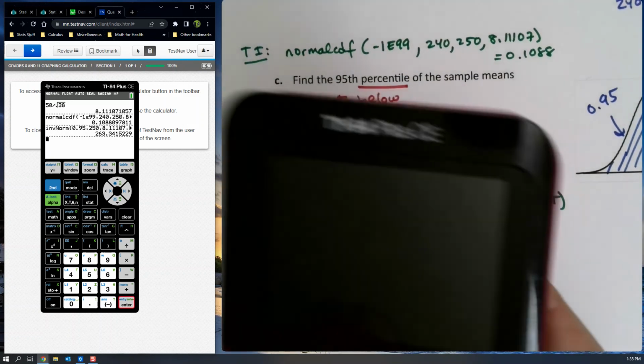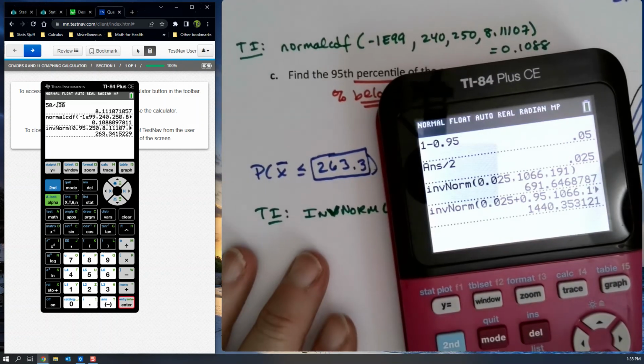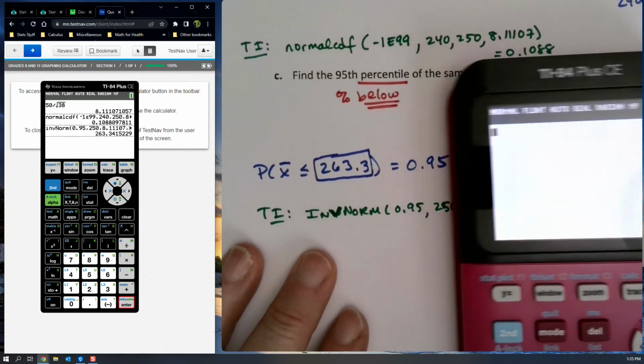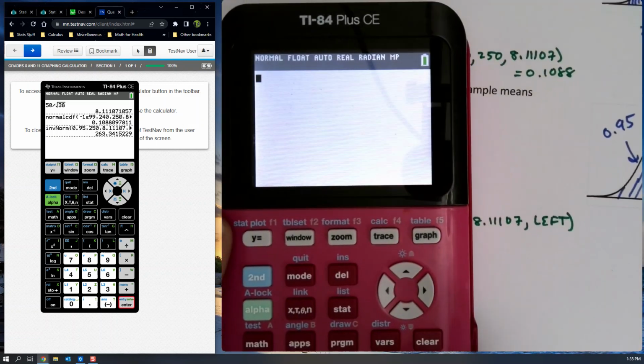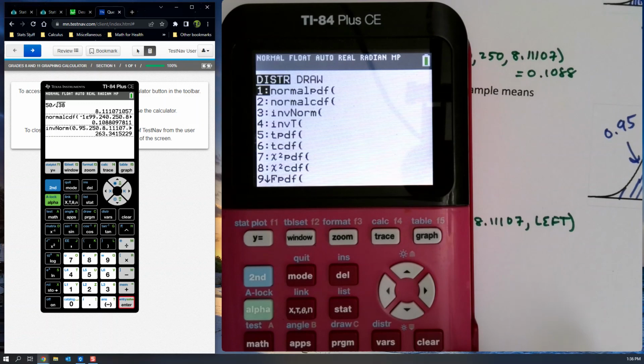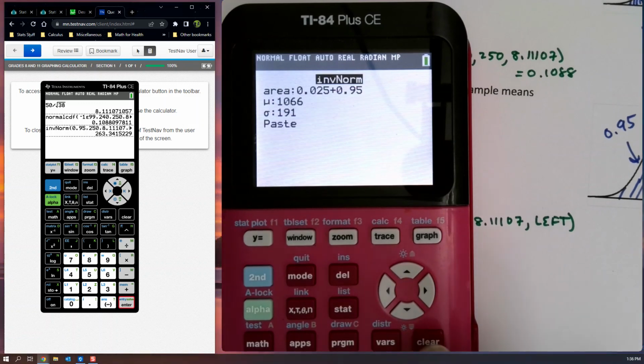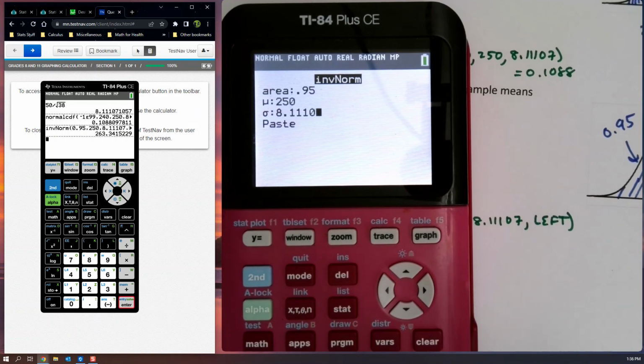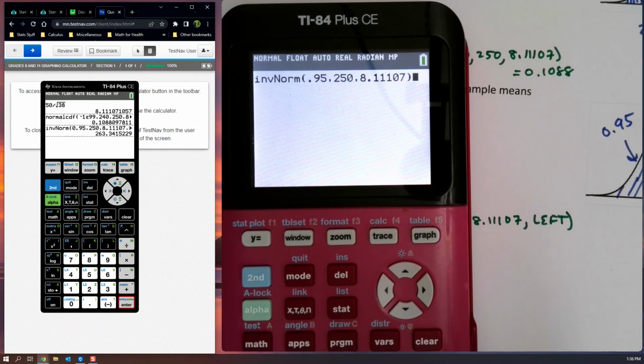But let me show you here. On an old calculator, sorry, you can see my camera up there. There's not much I can do about that. So second distribution, inverse norm, you'd say 0.95, 250, 8.11107, and paste. And that's it. It automatically does left. It doesn't have the left, right, center option the way the new calculators do.